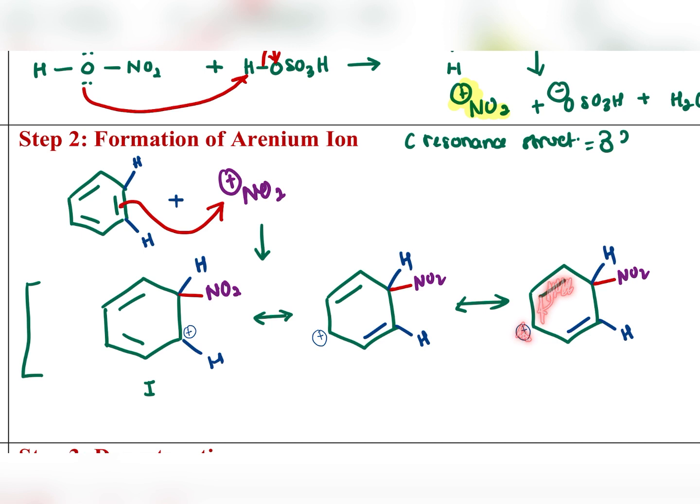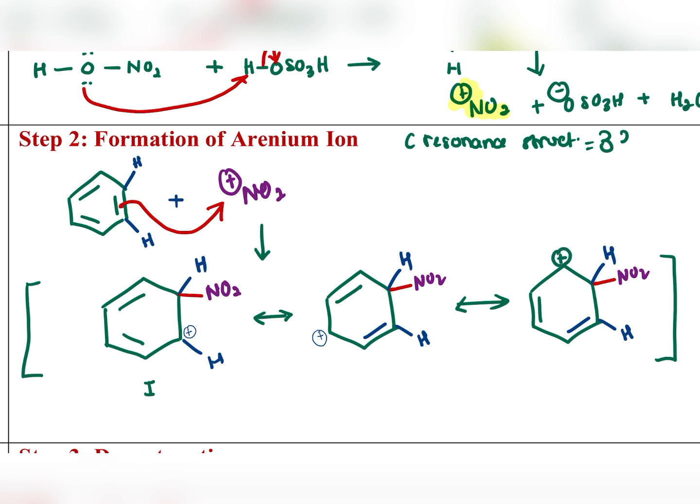Okay, so this carbon pula lah yang jadi positively charged. So close the bracket. Okay, and then okay, sini jadi kamu punya positively charged kat atas ni.